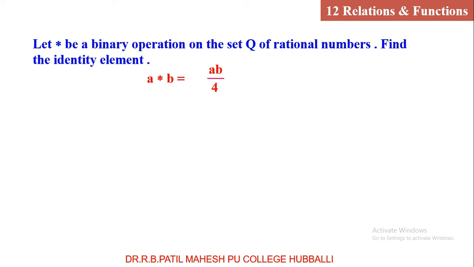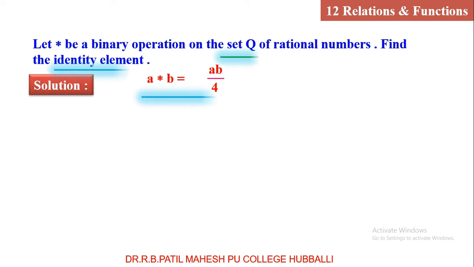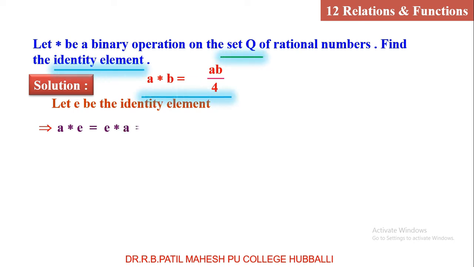Hope you all remember the definition of identity element. Students, let E be the identity element, and we know that A star E is equal to E star A equal to A for every A belonging to the given set, that is rational numbers.